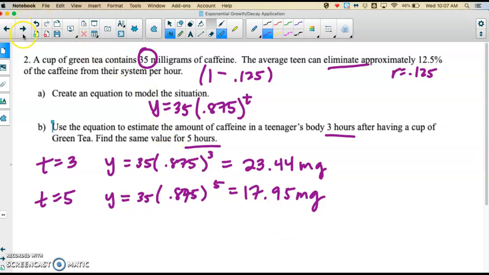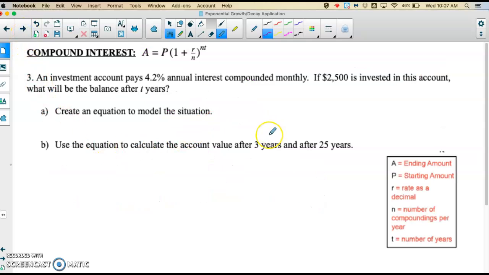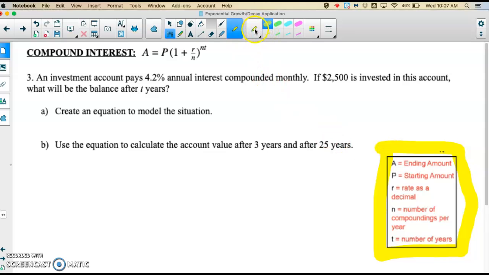All right, let's do one more example. Compound interest. So this is a new formula when you have compound interest. Go ahead and pause the video and write that formula down, and what each one of those letters represents in this formula.